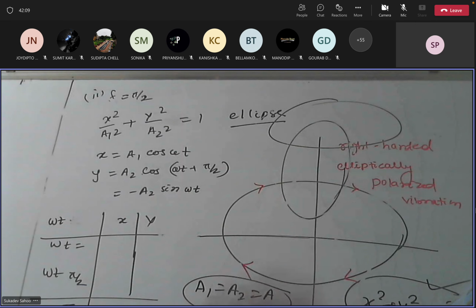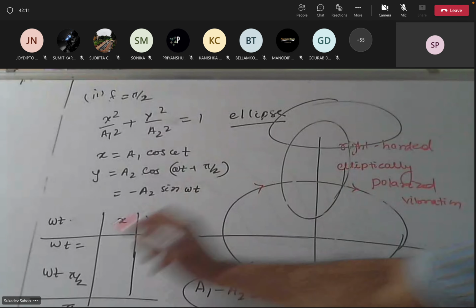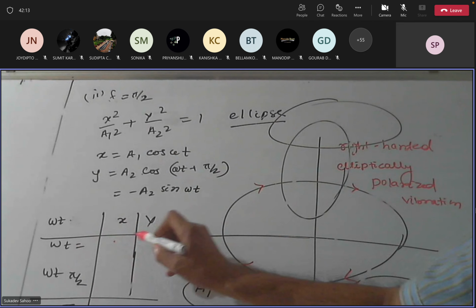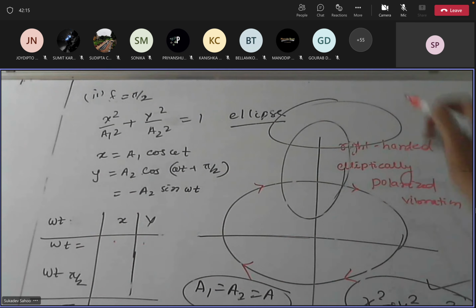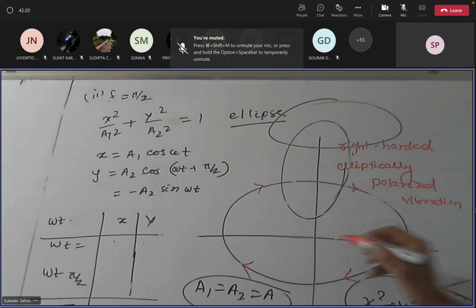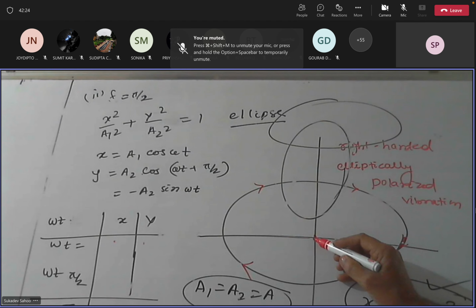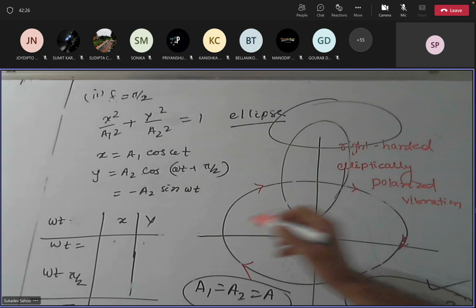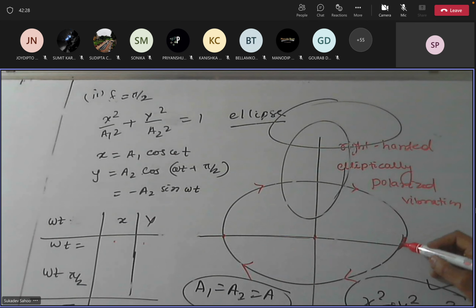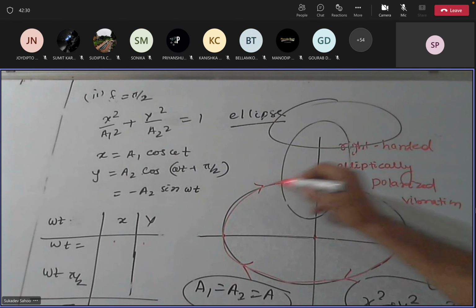In the previous case, what we have taken, when omega t equal to 0, you find the value of x and y. Put that point here. Then another point you will get here when it is pi by 2, and when it is pi, you will obtain this one. So from this to this, you will obtain like this.